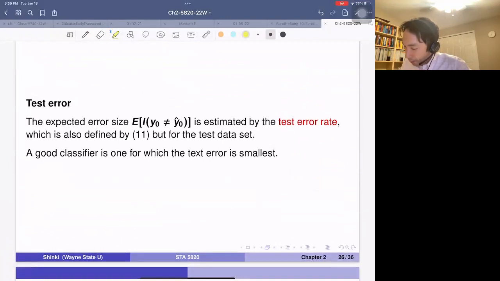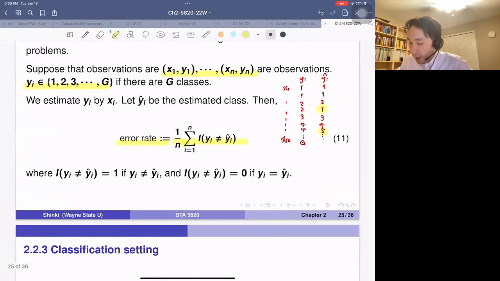This is a kind of training error. It corresponds to training MSE.